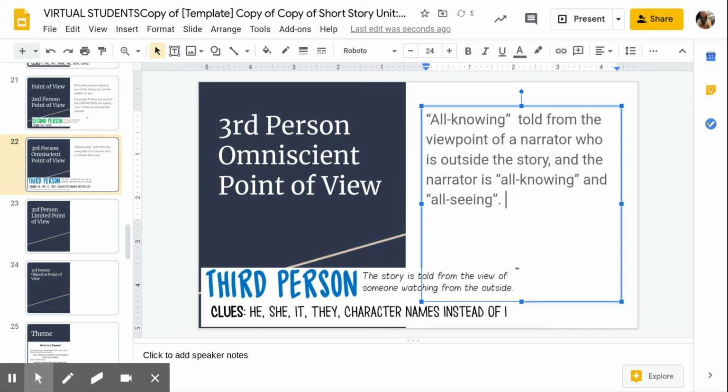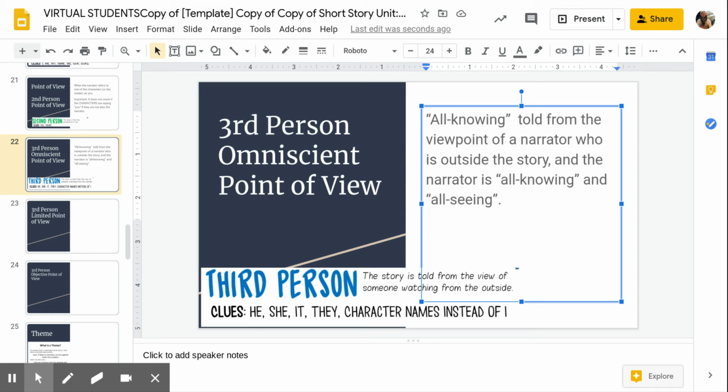What I mean by that is the narrator knows what every character in the story is thinking. They're not just saying what they're doing. They know what they're thinking, and they see everything. It's not told through the viewpoint of one character. It's told through a viewpoint of someone who knows it all.